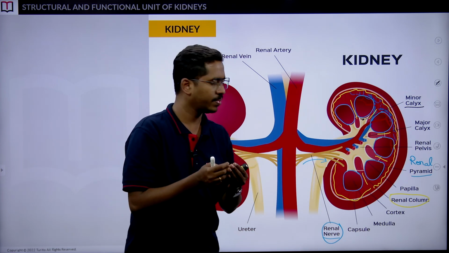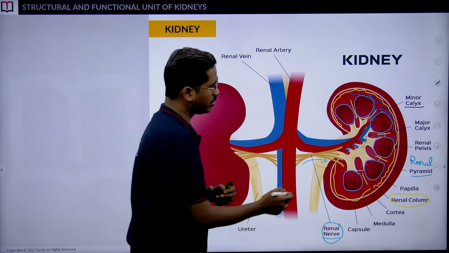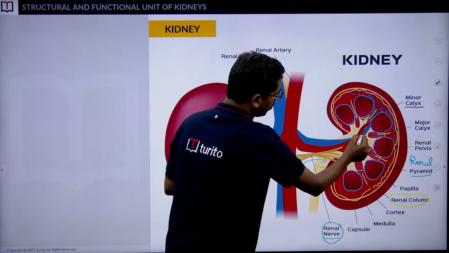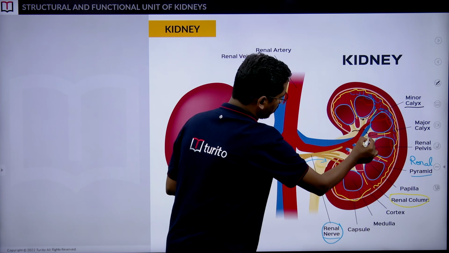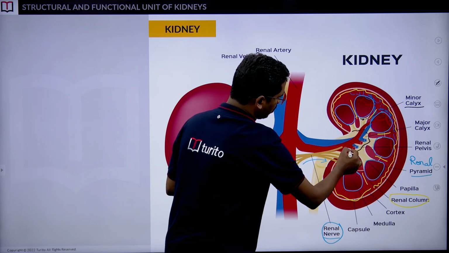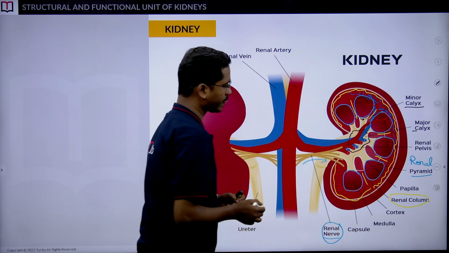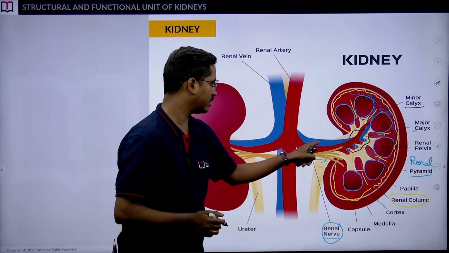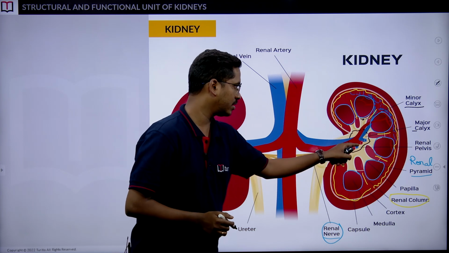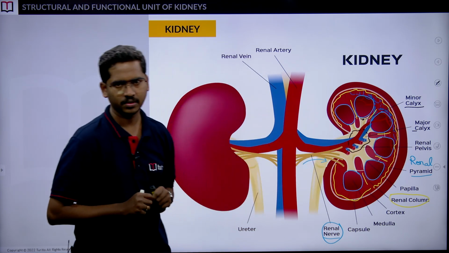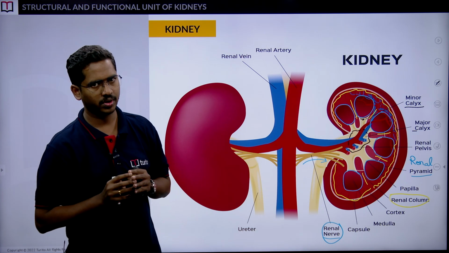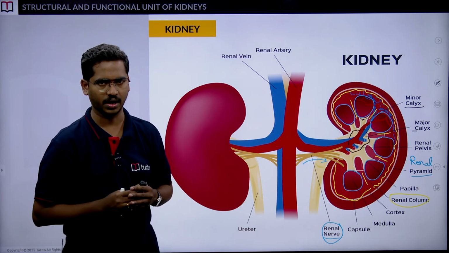If you go beyond that, this whole big yellowish region, you can understand as the major calyx. And this region which is just entering here is referred as renal pelvis. This is just a recap based on the previous discussion we had.